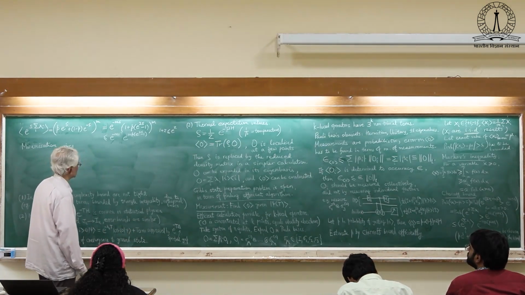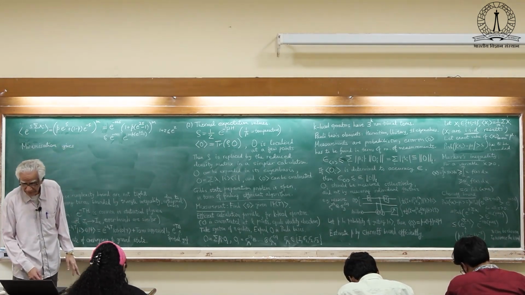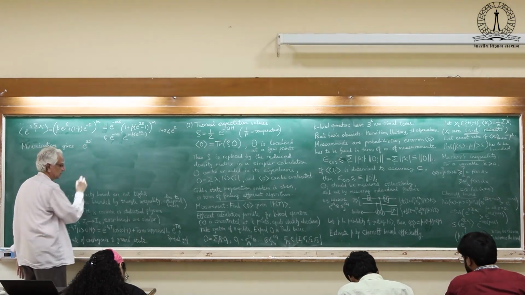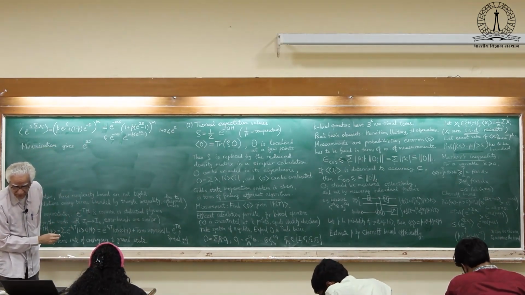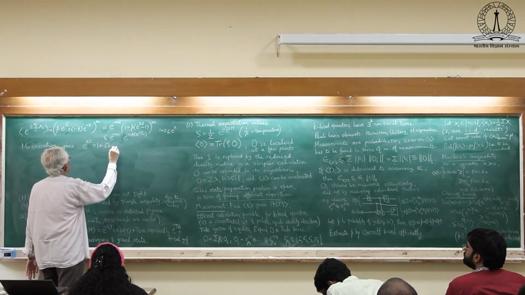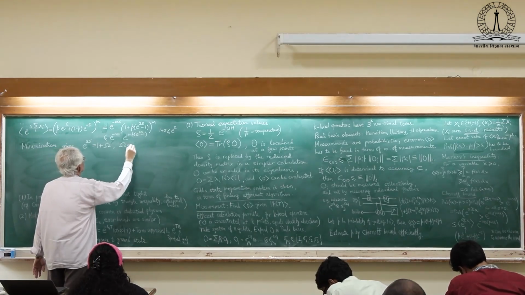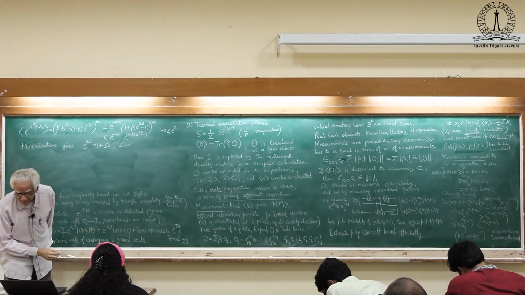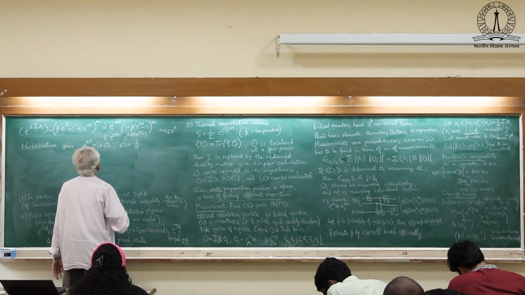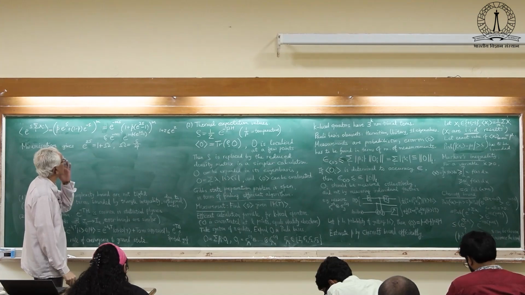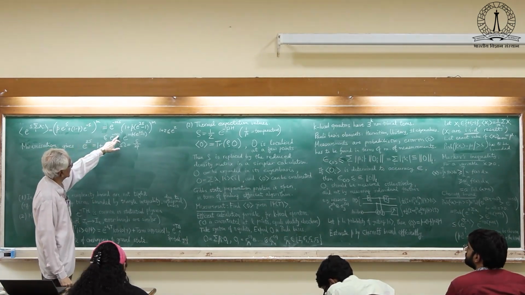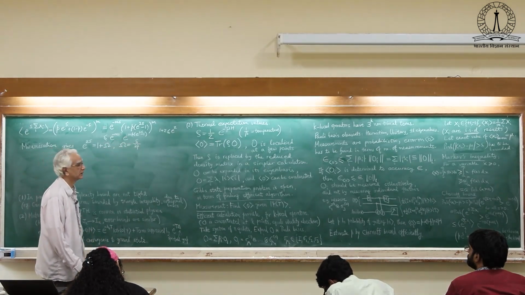There is not much of a problem. And the answer is that e raised to 2s gets determined as 1 plus omega, where omega is delta divided by 2p.